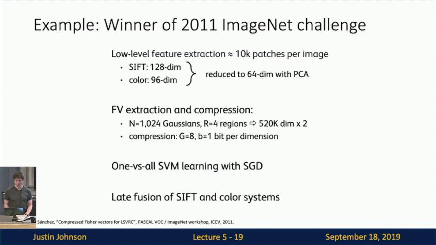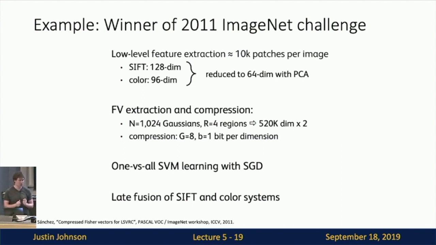As a canonical example of that, the winner of the 2011 ImageNet Challenge used a complicated feature representation. This was the state of the art in large-scale image classification as of 2011, which was, of course, the year right before the AlexNet architecture made deep learning very popular across all parts of computer vision. But if we look back at this 2011 ImageNet winner, we can see that they first did low-level feature extraction, where they extracted a bunch of patches from the images. They extracted SIFT and color representations.